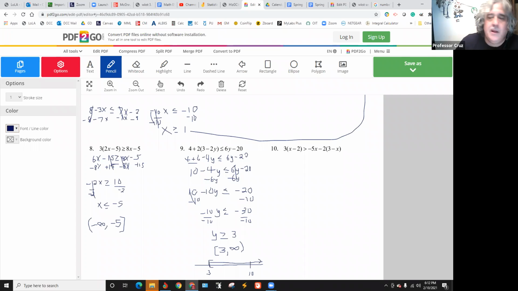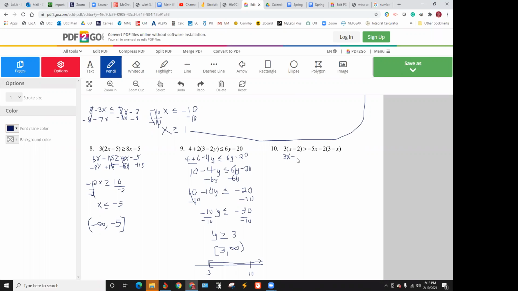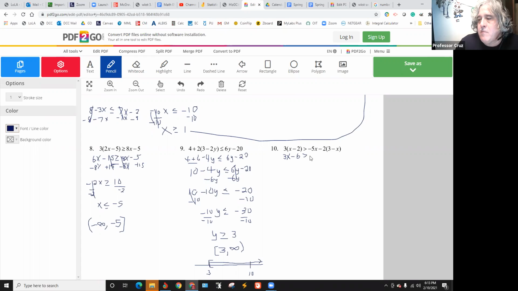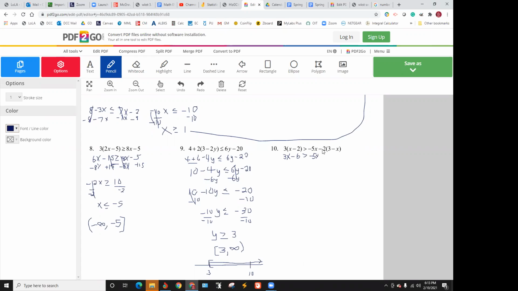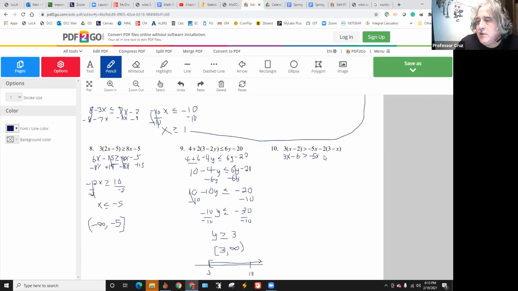All right, what about that last one? We've got to multiply it. It's going to be 3x minus 6, minus 5x, and another 6 minus 6, and a negative times negative is a 2x.